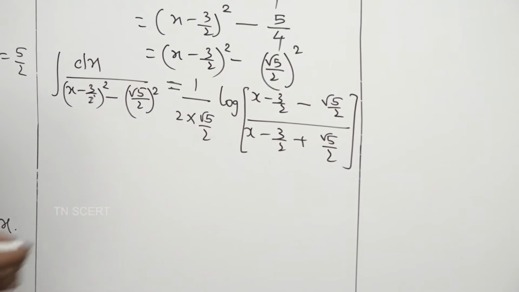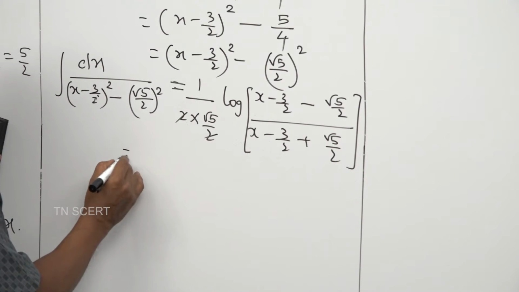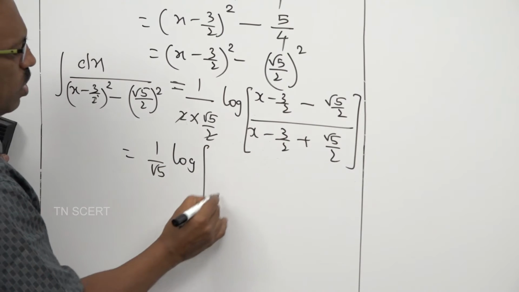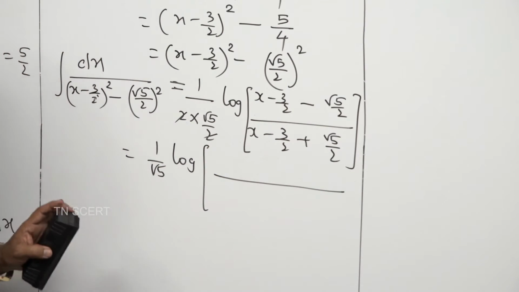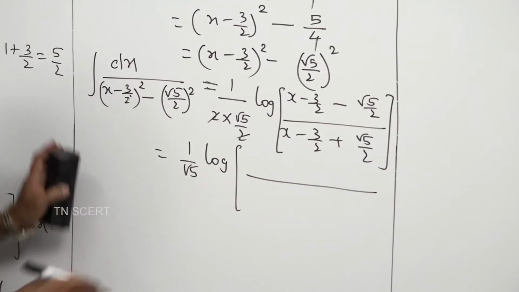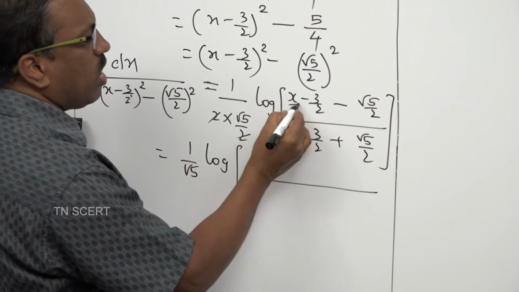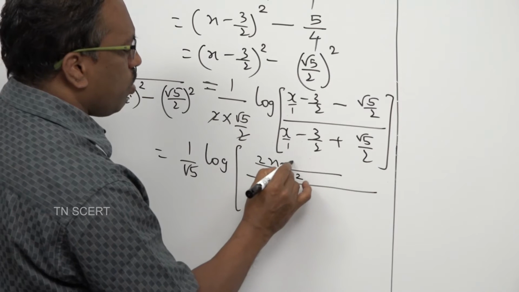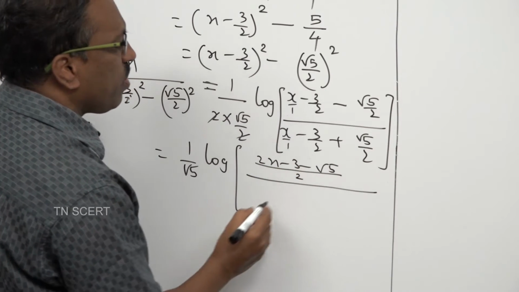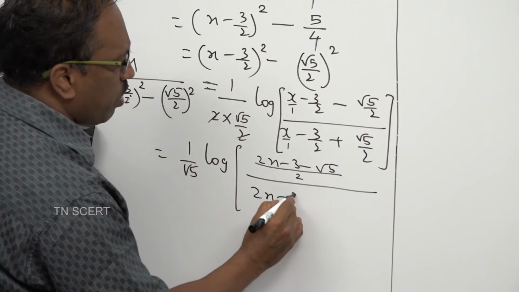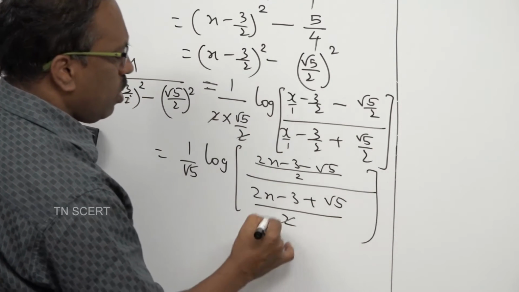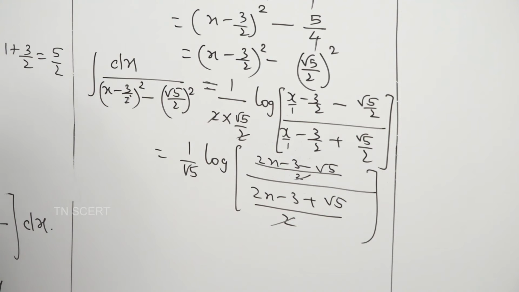So that means the problem is not yet completed. So, 1/√5 log of, you take the LCM in the numerator as well as the denominator. In the numerator, 2x − 3 − √5, and in the denominator 2x − 3 + √5, whole divided by 2, both getting cancelled here.